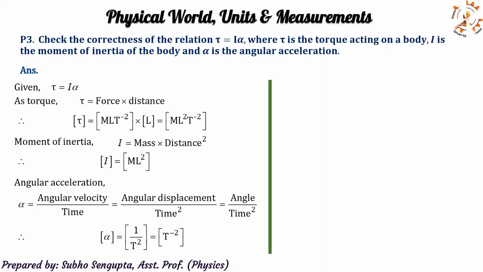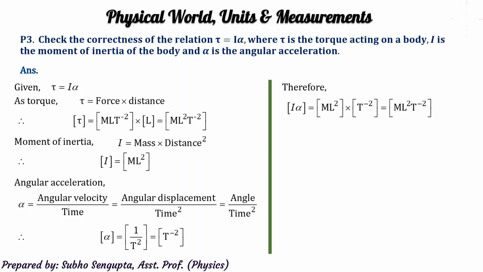Let us now find out the dimensional formula of the right-hand side of the given equation. The dimensional formula of I alpha can be obtained by substituting the dimensional formulae of I and alpha. Hence, we obtain the dimensional formula of the right-hand side of the equation as [M L^2 T^-2].